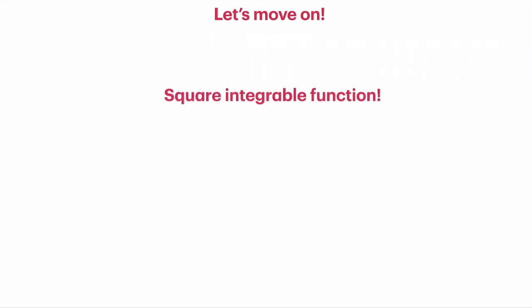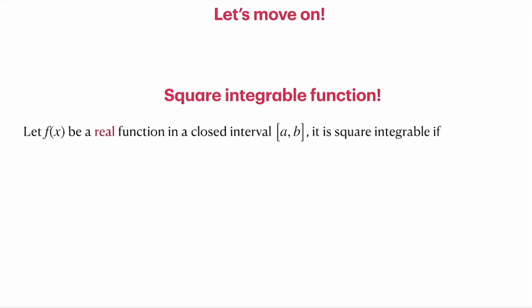Here we look at the square integrable function or L2 function. Let f of x be a real valued function in a closed interval a b. It is square integrable if the integral from a to b of mod f of x squared is finite.